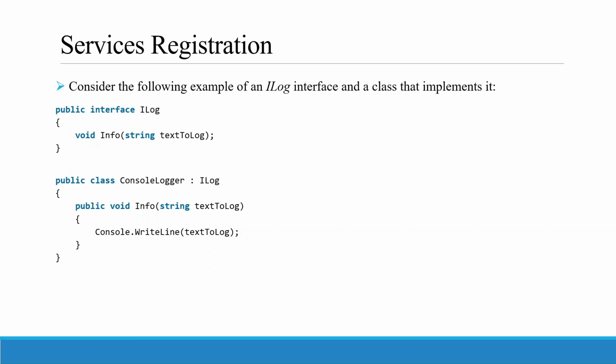It's actually a contract, that specifies the methods that the dependent classes need to implement. In this case, the ILog interface provides the method Info. This method receives a parameter of type string that stores the text that we want to log. Below we have the implementation of the interface in the form of the class ConsoleLogger. The method Info receives the parameter, the string, and then displays it into the console.